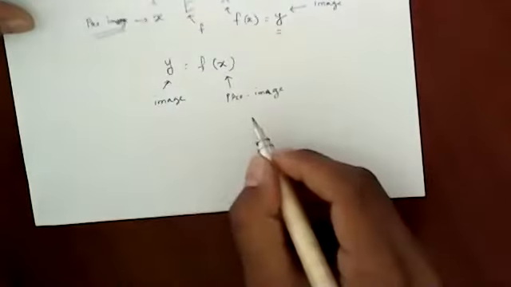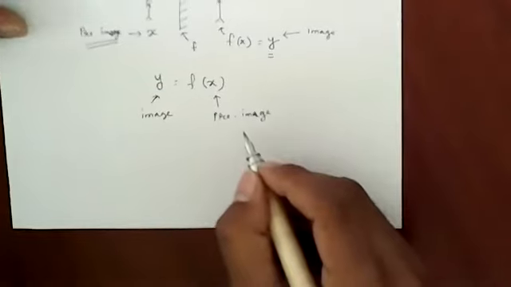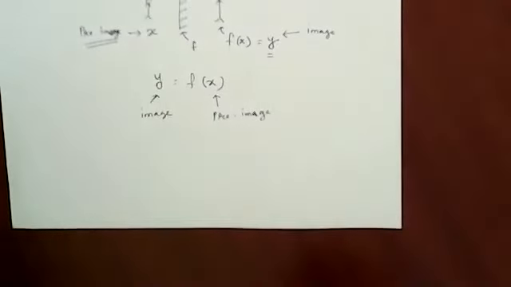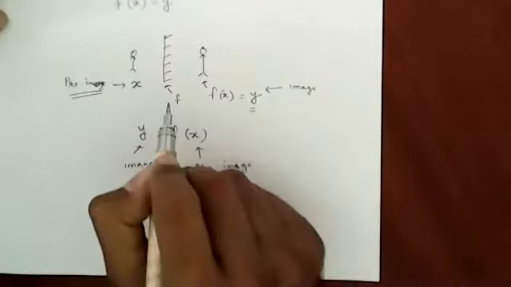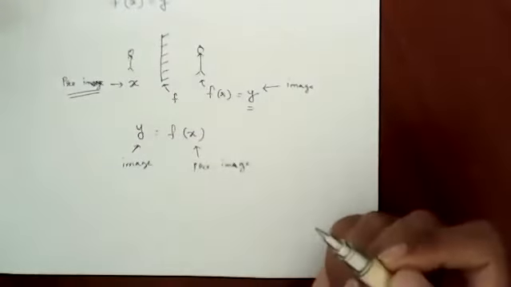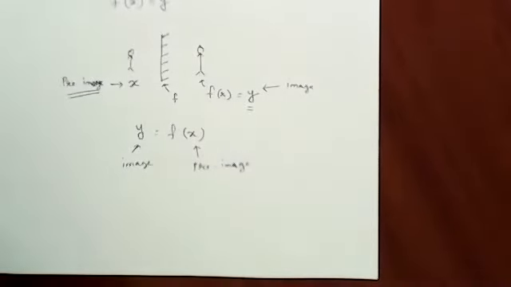Have you come across these terms, image or preimage, in your higher secondary course? Do you get, Anurag? Yes, sir. These are very easy to remember. Only imagine that the function is nothing but a mirror, and then consider what is image, what is preimage. Any doubt on function?